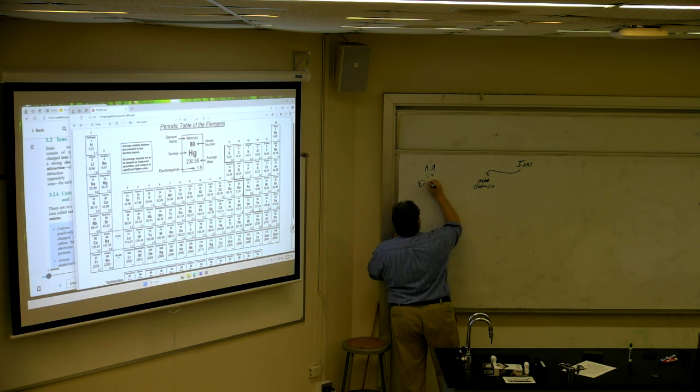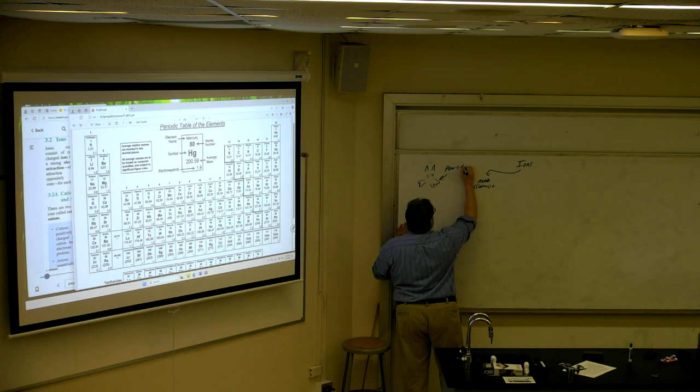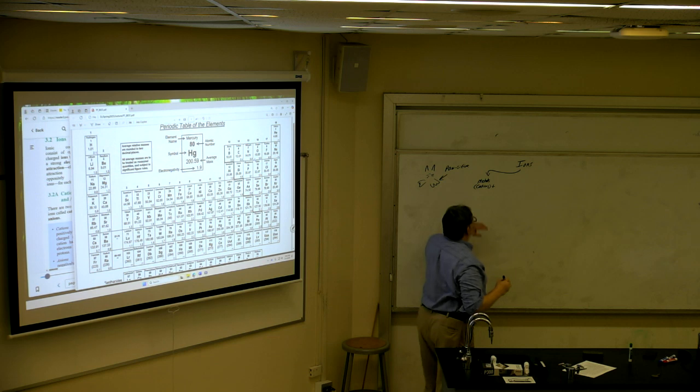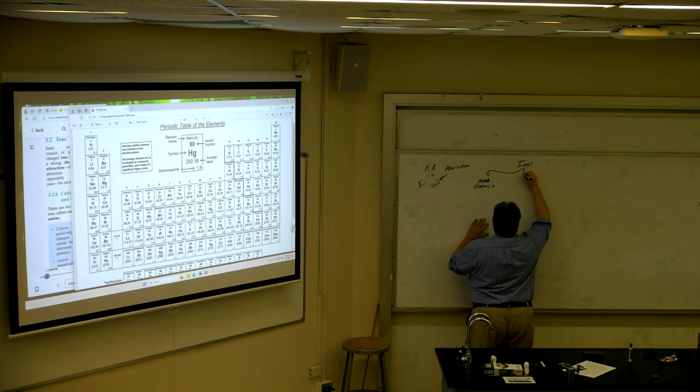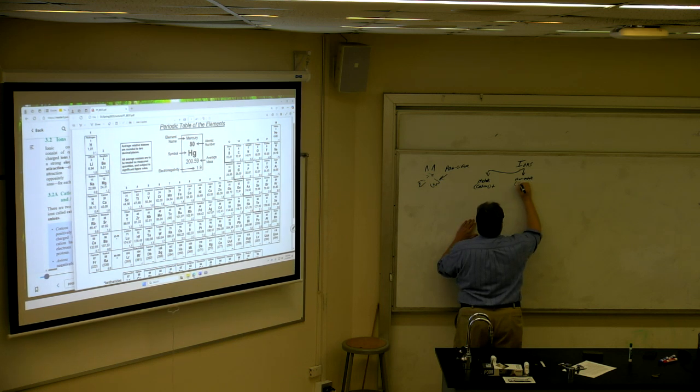And here's a pause. I can't draw. Anyway, that helps. All right, and then nonmetals. These are always anions, meaning negative.